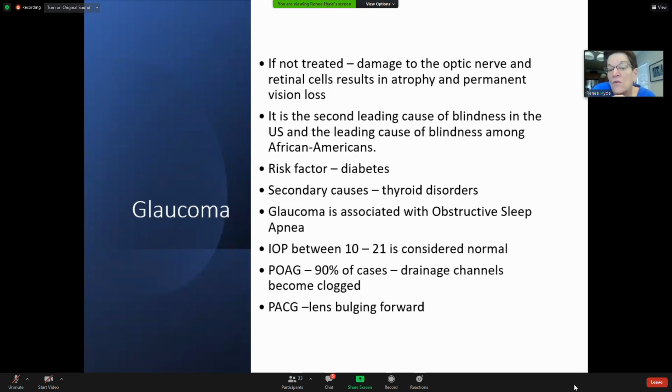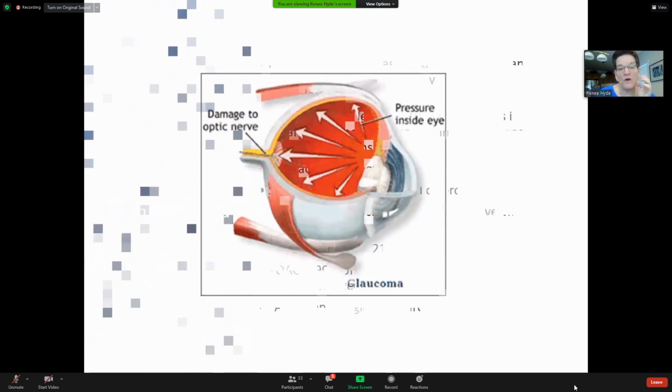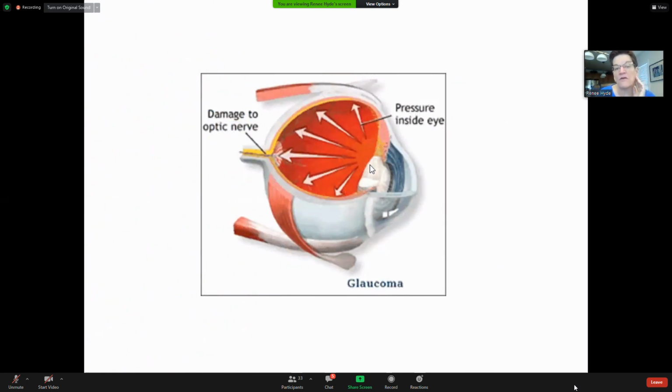With angle closure glaucoma, there is also a buildup of pressure, but it causes the lens to bulge forward. And what you see here is that whenever you get that buildup of pressure that's unrelieved, it causes damage to that optic nerve.